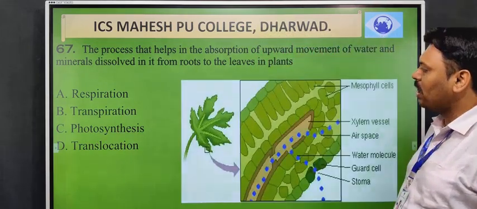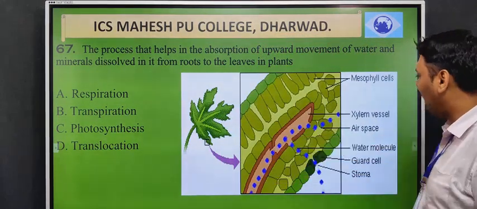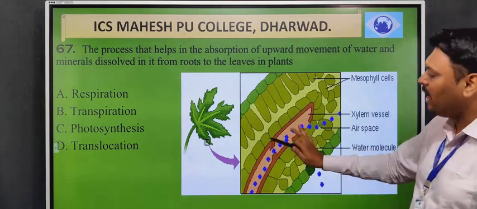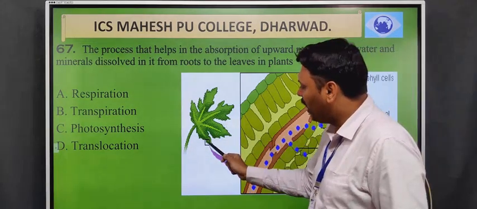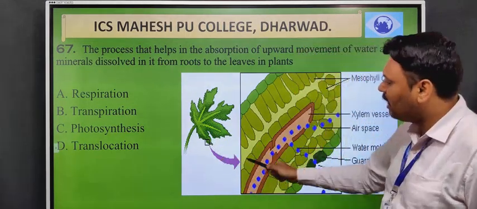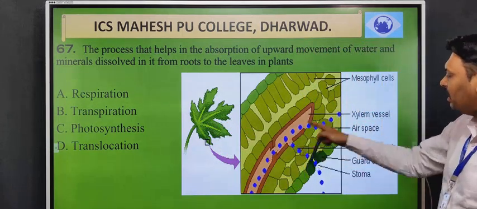Here, students, the transfer of water and minerals takes place inside the xylem vessels. In this picture we can observe that the movement of water is taking place in every xylem vessel inside the tissues.